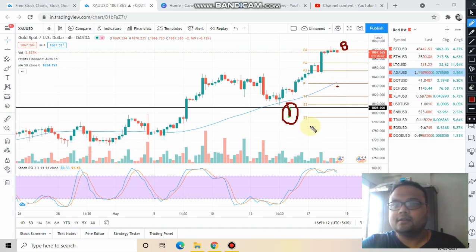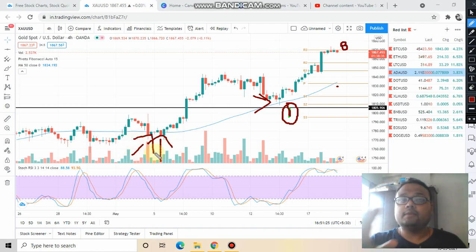We can see that the 50 moving average is acting as a valid support for the market, because it is providing support here and here. On numerous occasions the 50 moving average has provided support to the market, so it is a valid support. So the second best entry will be near this support, the 50 moving average.